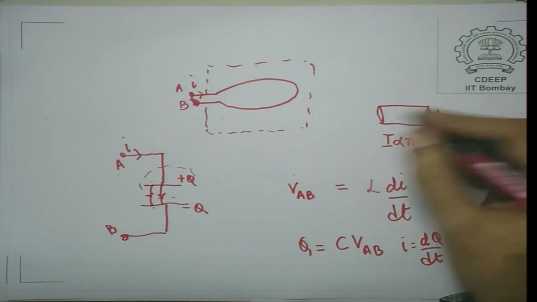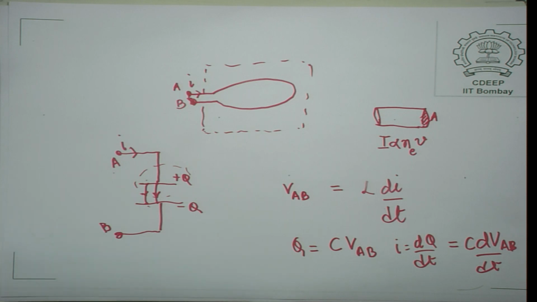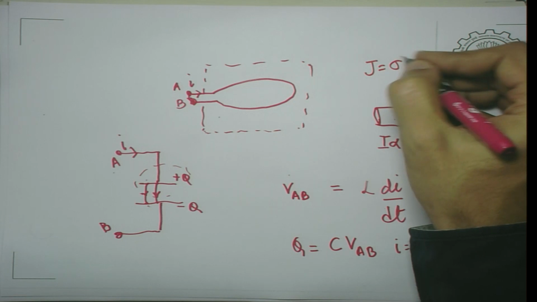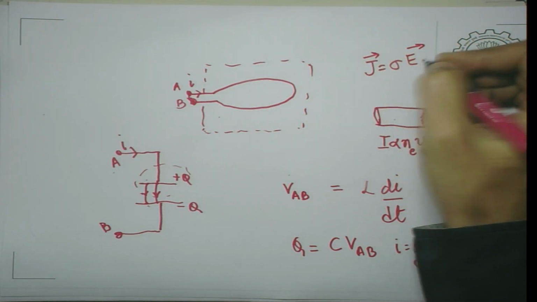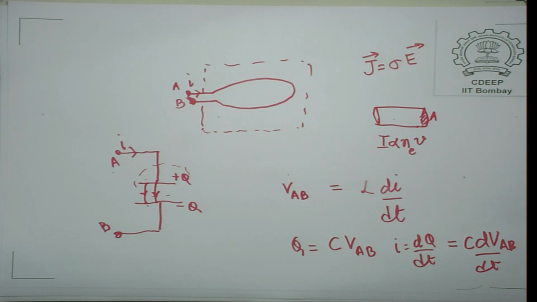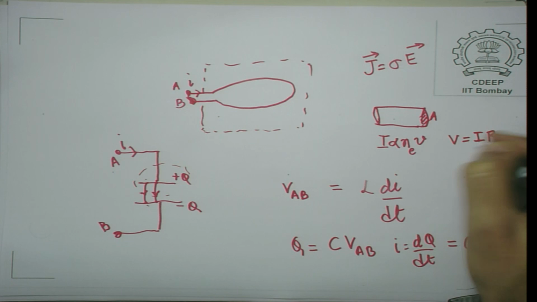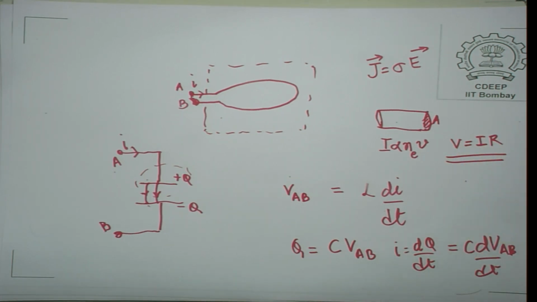Because of so-called viscous effects, you have a roughly constant drift velocity when you have a voltage drop or an electrical field across the conductor. This we saw was represented by an equation: current density is proportional to the electrical field, assuming that V cross B effects are small. This was the equation of a resistor in point form, and its manifestation in the macroscopic world is V is equal to IR, which is nothing but Ohm's law.